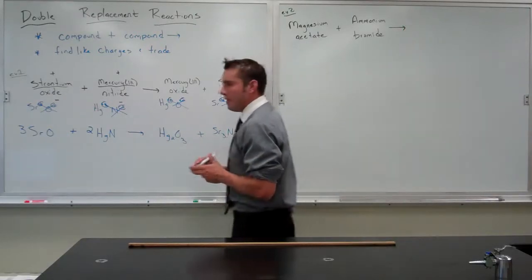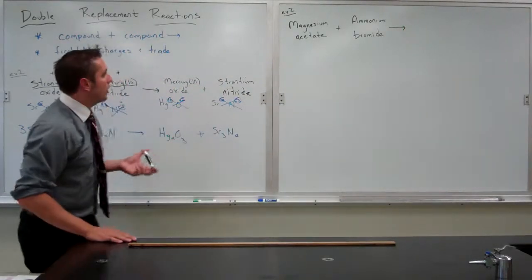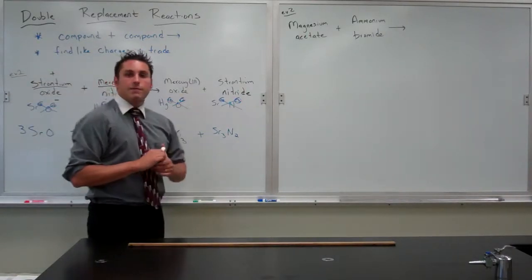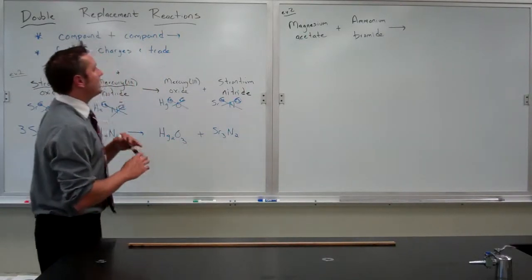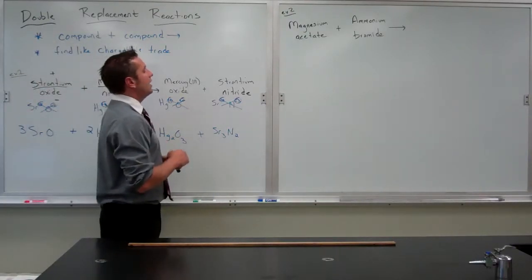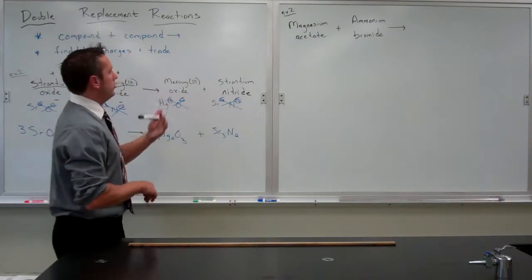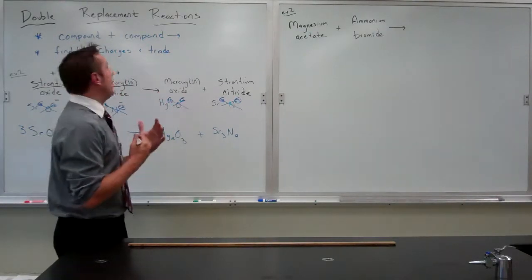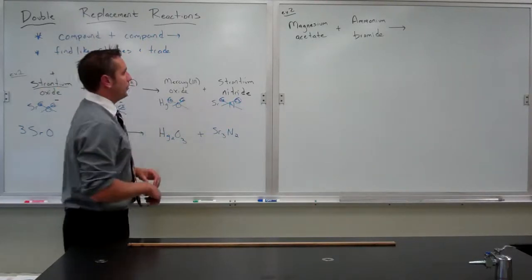Again, first important thing is identifying the type of reaction. Is this a single replacement? No. Synthesis? No. Decomp? No. You'll see it's a compound plus a compound. That makes it a double replacement.